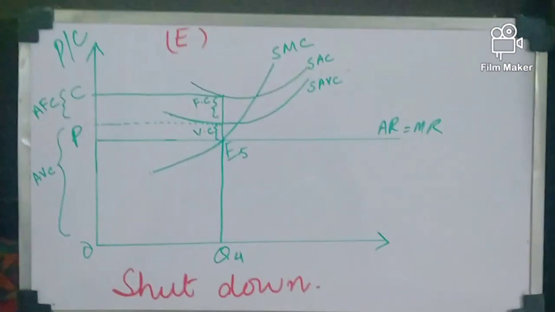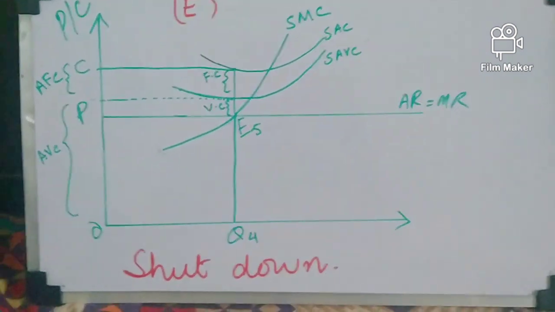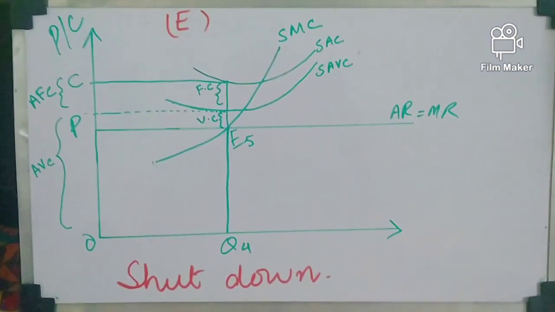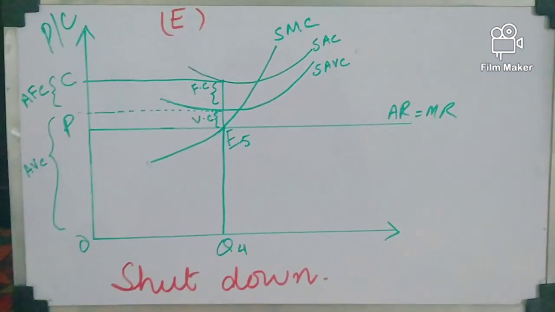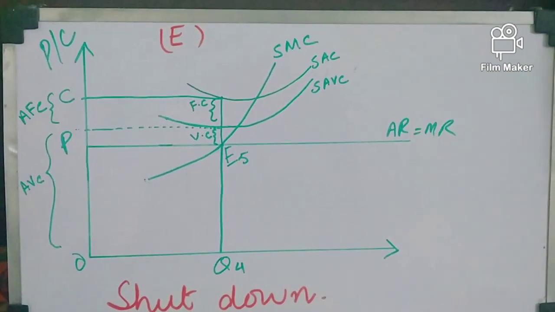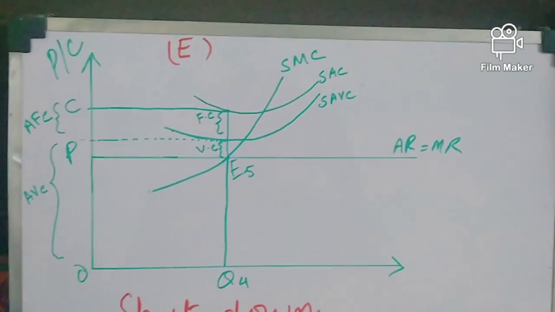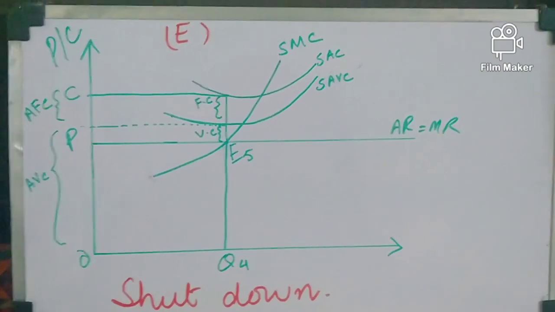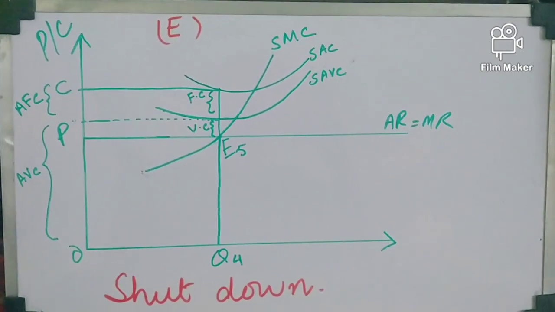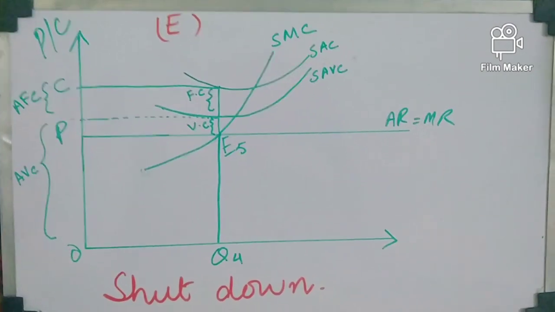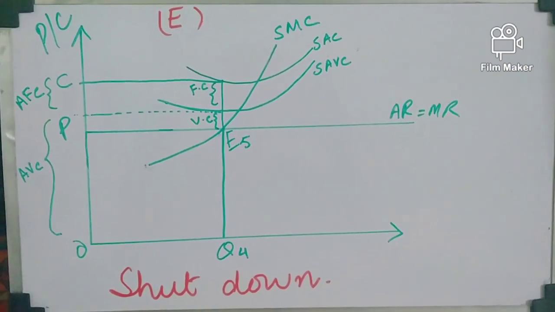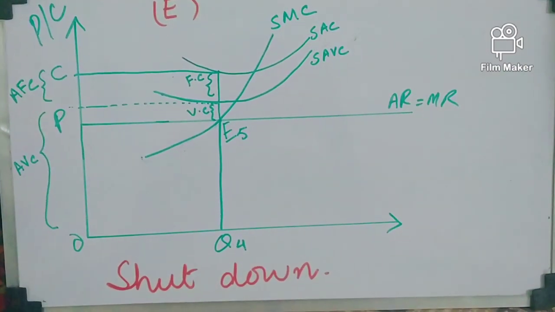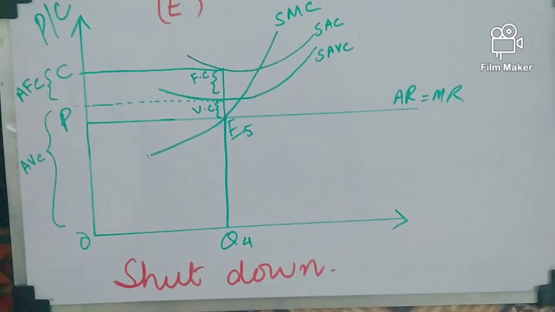Now in the last panel of the figure, I have drawn the last case, which is the shutdown case. In this case, the firm will have to face both types of losses, equal to the average fixed cost as well as the average variable cost. Again, on the y-axis, price and cost are taken, and on the x-axis, quantity is taken.